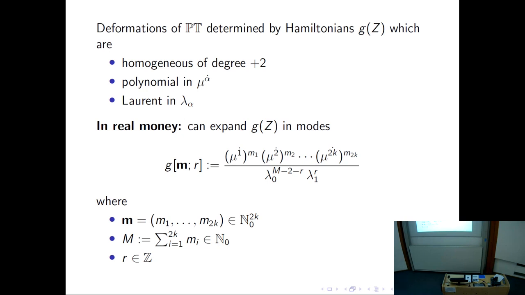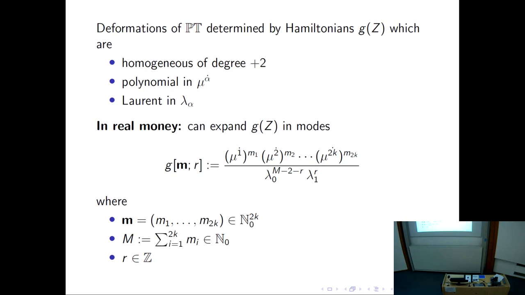So you have some polynomial in the mu variables, which I should just think of as holomorphic coordinates on the fibers of twistor space over CP1. And then I can have some arbitrary power of lambda in the denominator.